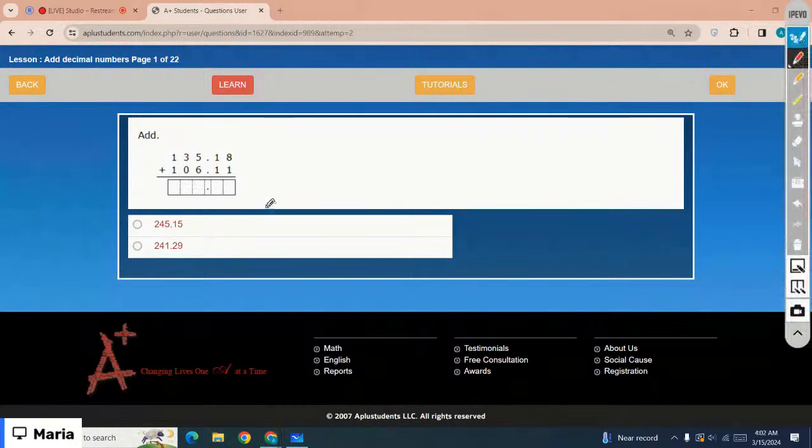8 plus 1 is 9. 1 plus 1 is 2. 5 and 6 make 11. 1 carry. 3 and 1, 4 and 1 is 5, and 1 and 1 is 2. So the correct option is 241.29. Which is the correct option?